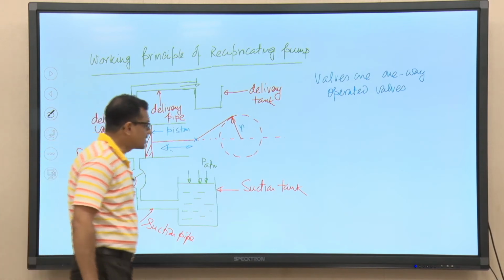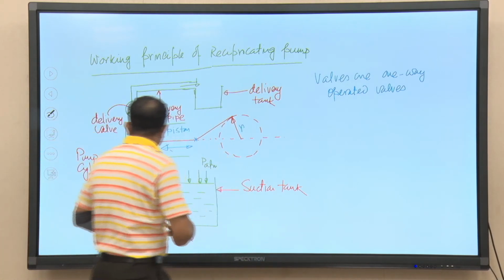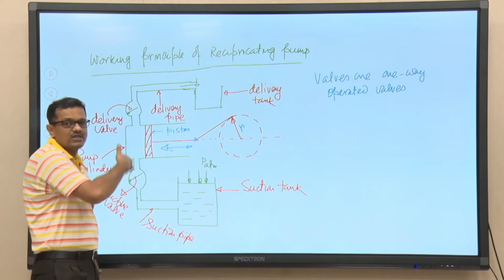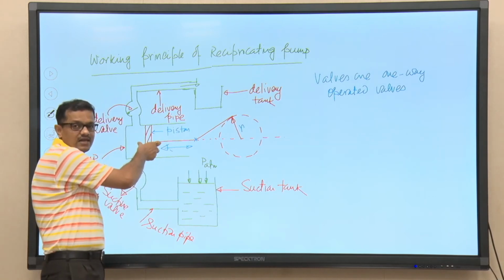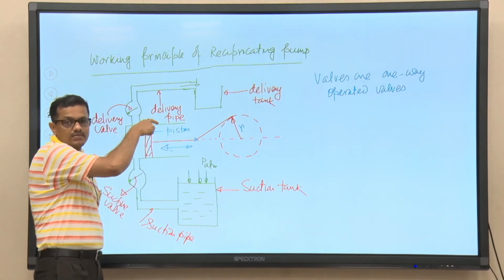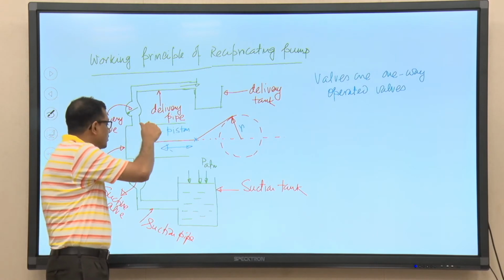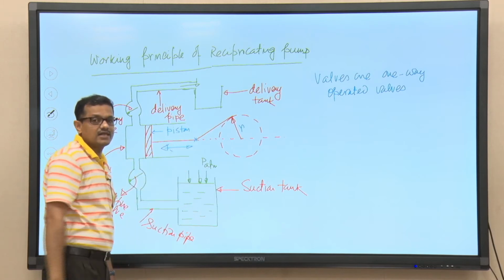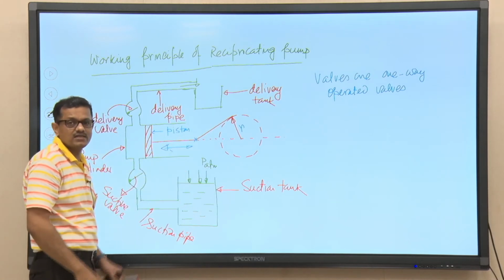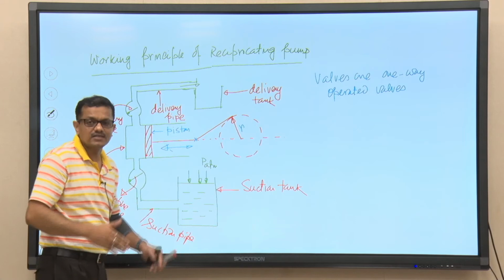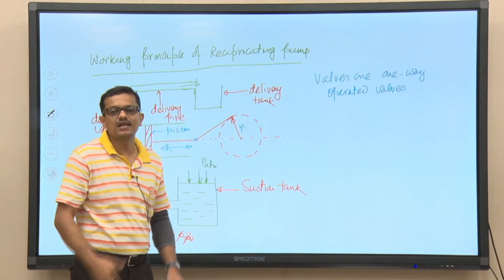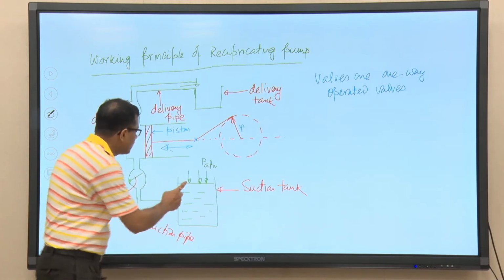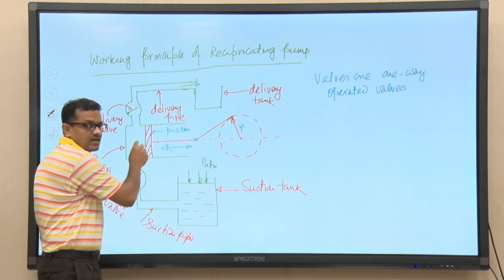So, now our objective should be, if we try to draw, basically you can see we are playing with the change in pressure inside the cylinder through this particular mechanism. By modulating the pressure inside the cylinder using this crank and connecting rod mechanism, we can create a pressure difference, and that is essentially acting as the driving force to have a flow from the suction tank to the delivery tank.